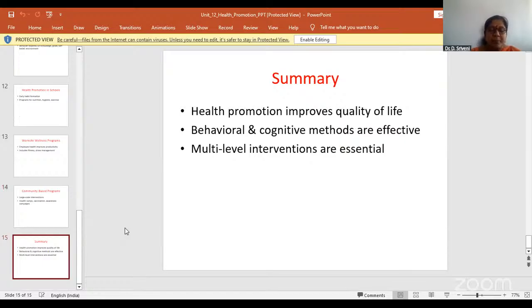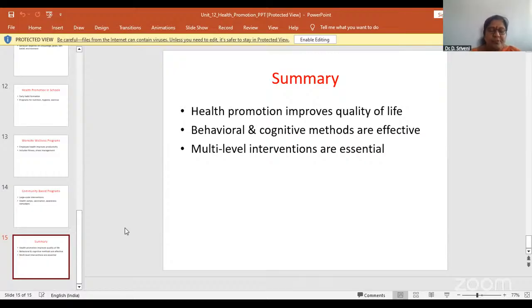So, in conclusion, it is important to emphasize that both worksite and community-based wellness programs are integral to comprehensive health promotion, while worksite programs focus on improving the health of the working population through structured organizational support, and community-based programs aim to enhance the health of society as a whole by addressing broader social, environmental, and behavioral factors.